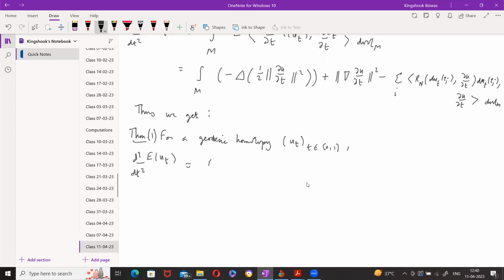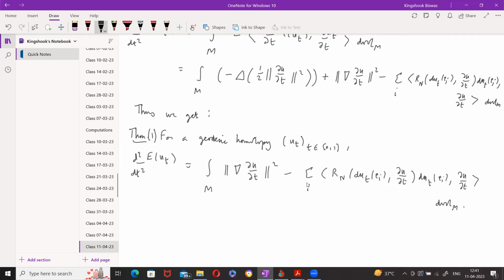You just get these two terms, integral over n, norm nabla del u del t whole squared minus sum over i of these sectional curvature terms, Rn of du_t e_i, del u del t, du_t e_i, del u del t, dvol.